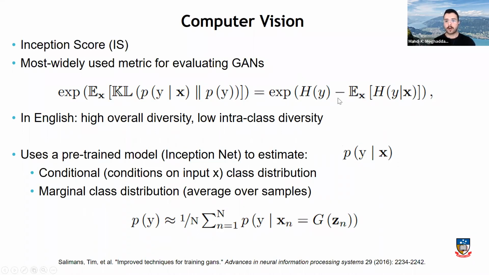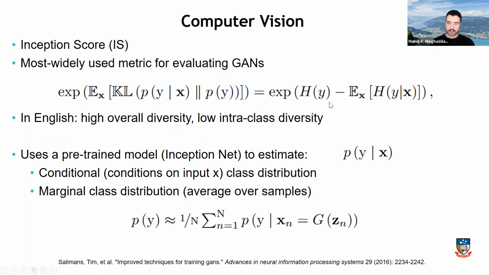If we want this score to go up, we want the first entropy to go up and the second entropy to go down.